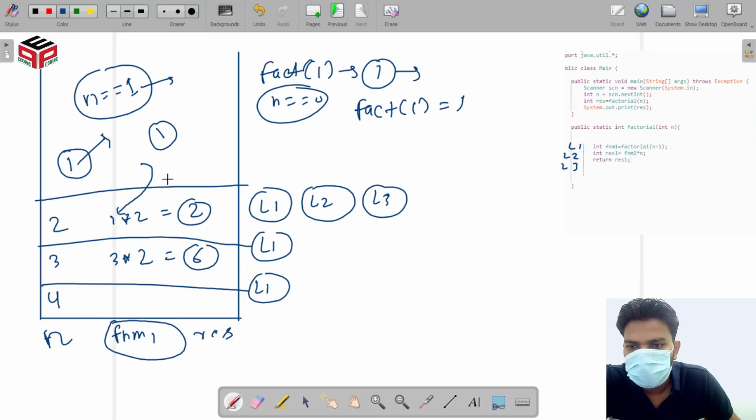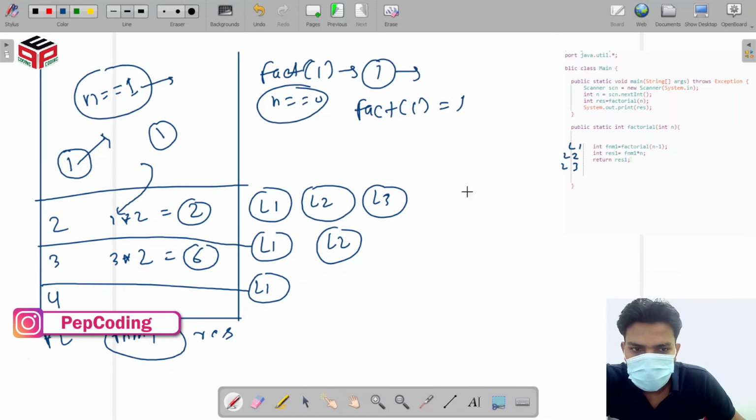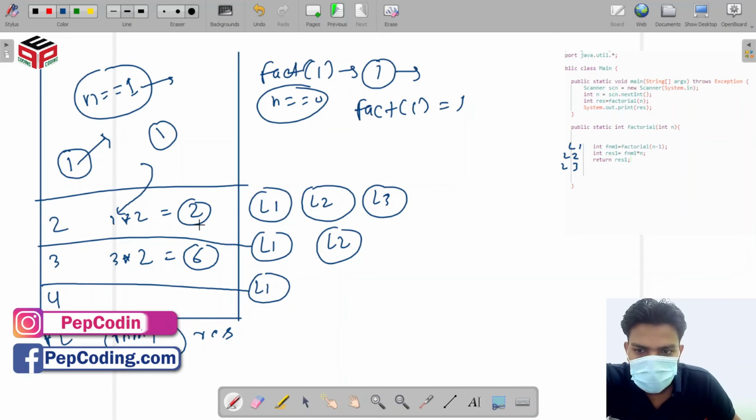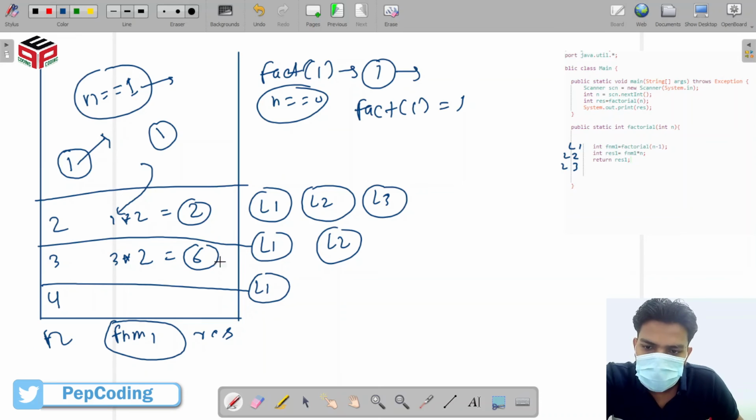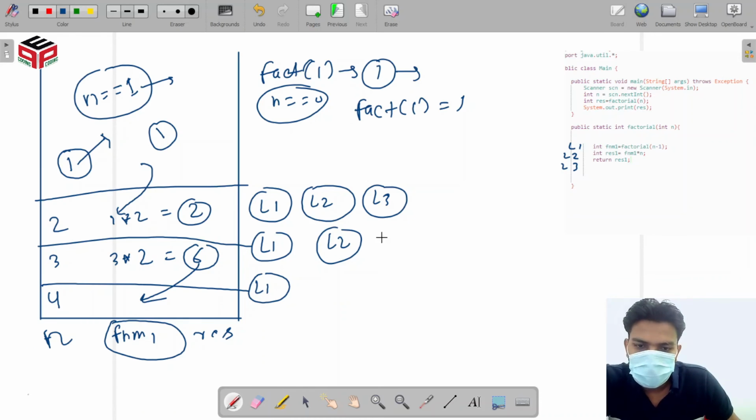Okay, so what we get here? We get 1, and when we multiply 1 with 2, we get 2, and then when line number 3 runs, we return this 2. Here when line number 2 runs, then 2 is multiplied with 3, because n is multiplied with fn1, and this is fn1, so this 3 will multiply with 2, and we get 6, and we return this 6 when line number 3 runs, because the result will return now.